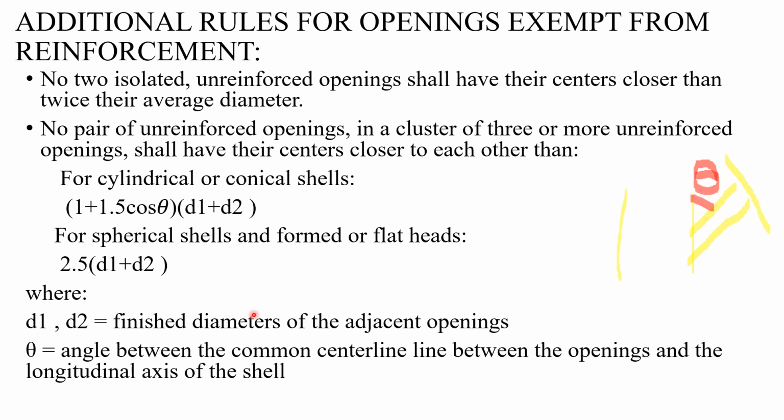So you have to confirm this, because your AI, or your inspector, the design engineer, should confirm that whenever you have two openings next to each other which are unreinforced, they meet this formula. If the formula is not met, then you have to again go for area replacement and provide a small reinforcement pad.